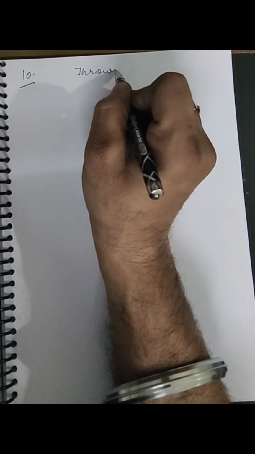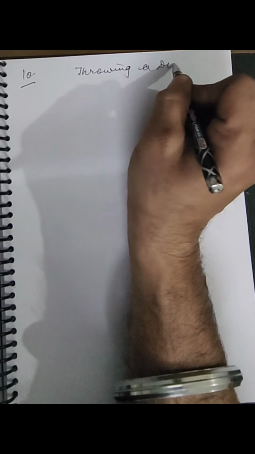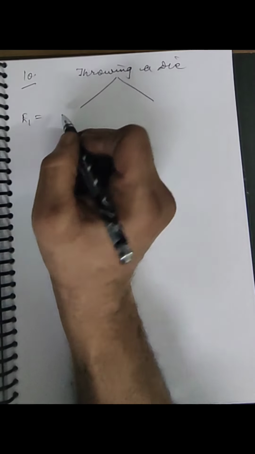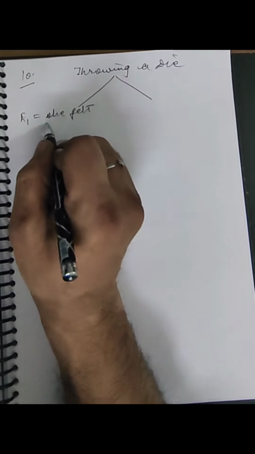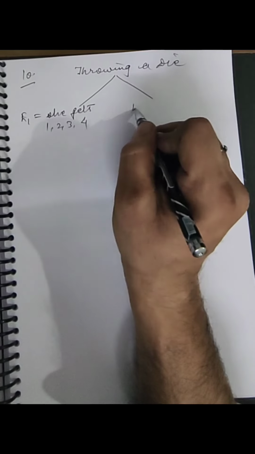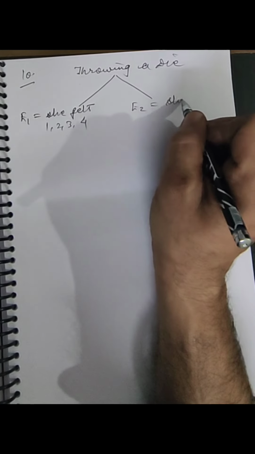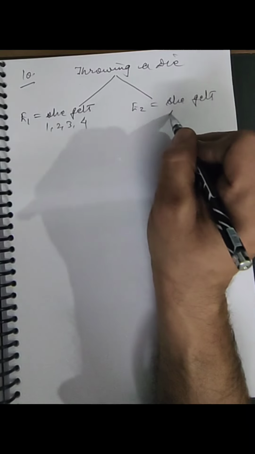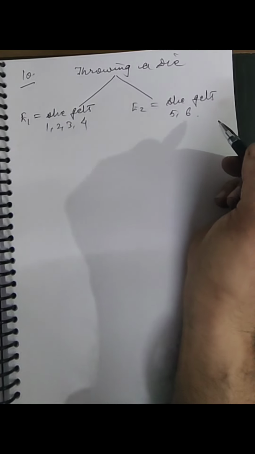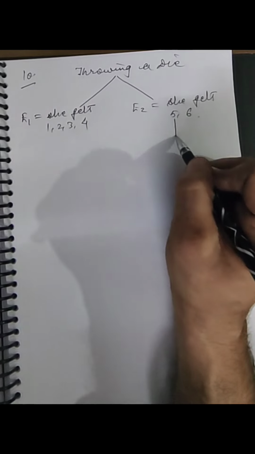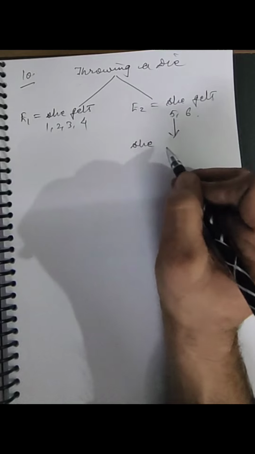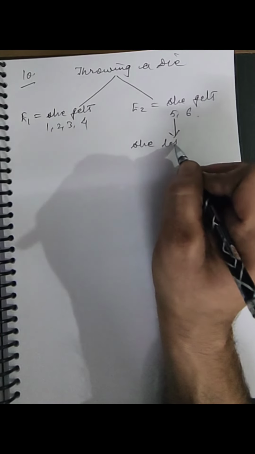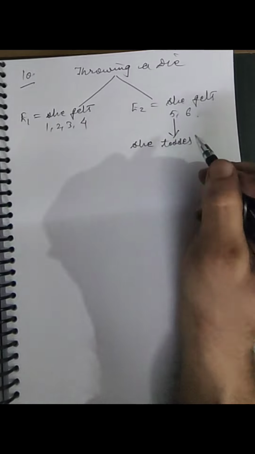First step, she throws a die. Now there are 2 categories, obviously E1 and E2. E1: the girl gets 1, 2, 3, 4. E2: she gets 5 or 6. Now we are told that when she gets 5 or 6, she tosses the coin 3 times, so it is followed by another experiment.